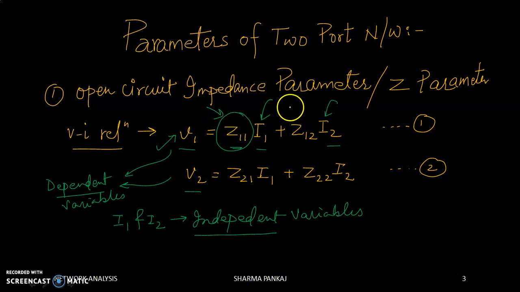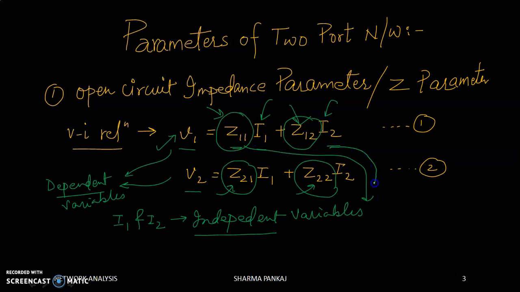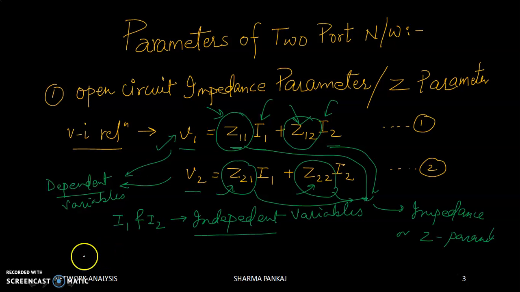Z11, Z12, Z21 and Z22 are the impedance parameters or Z parameters.